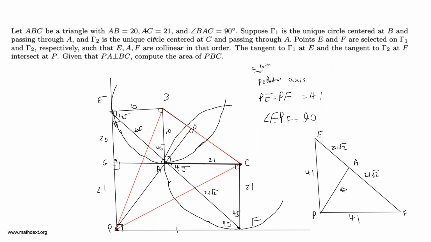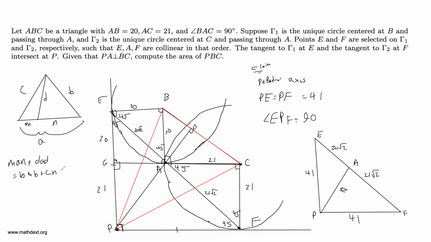And remember, if you don't remember what Stewart's theorem is, if you have a triangle with a cevian, you want to find this length D, and then we're going to label these lengths M and N, and this whole side is A, then this one is length B, this one is length C. Stewart's theorem says that M A N plus D A D equals B M B plus C N C. You can remember this with the mnemonic, a man and his dad put a bomb in the sink. What we're going to do is apply this theorem to this triangle.